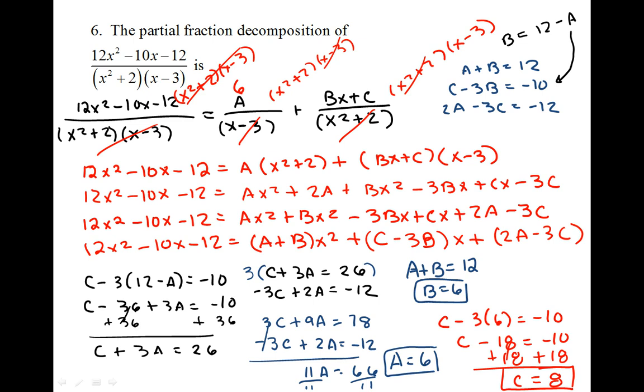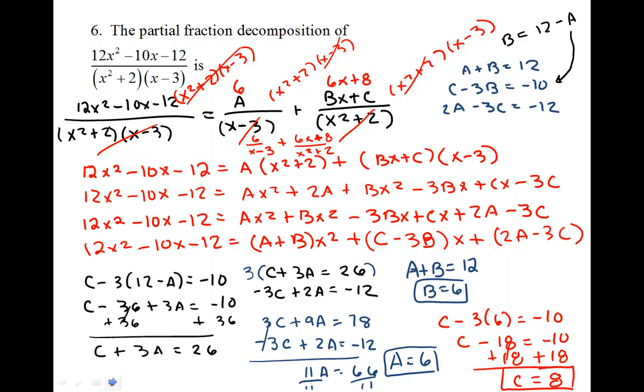And my Bx plus C, I just need to have 6x plus 8. Okay, so you have 6 over x minus 3 plus 6x plus 8 over x squared plus 2. That's your answer, and I'm sorry that that's such a mess.